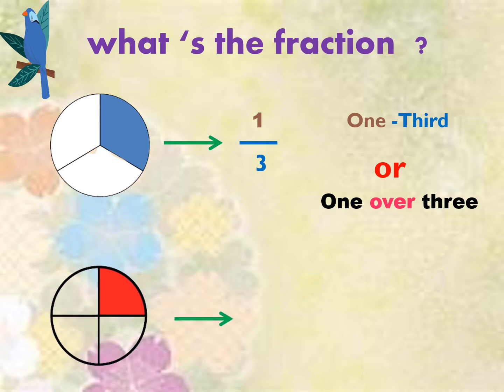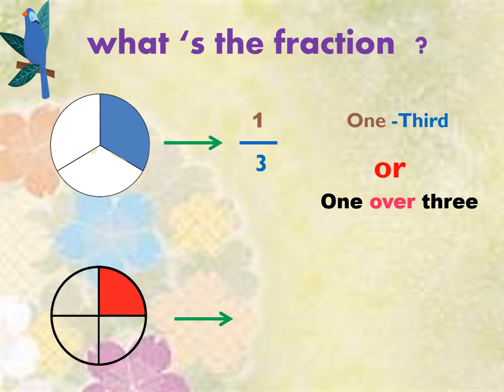Okay, here's the second shape. I have a circle divided into 4 parts. One part is already colored. Remember the definition? The number of the colored parts on top, then a dash, then the total parts, colored and not colored, at the bottom.